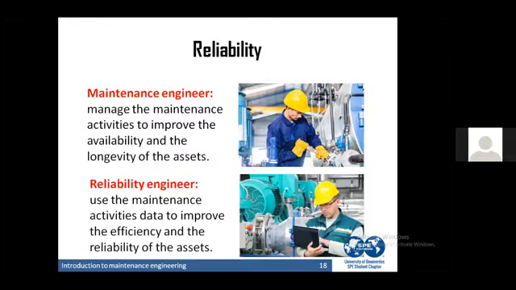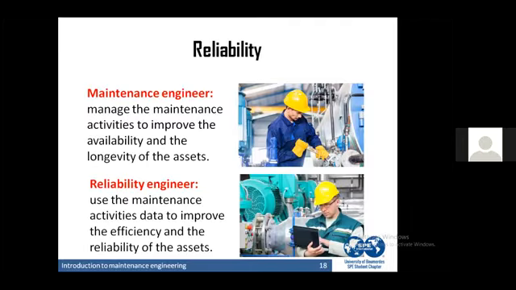From the end of the war until the 80s, we introduced the notion of preventive maintenance. So the maintenance engineer didn't work just for repairing, but for preventive maintenance and corrective maintenance.